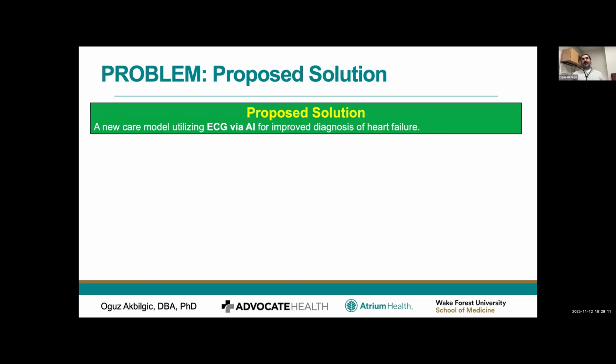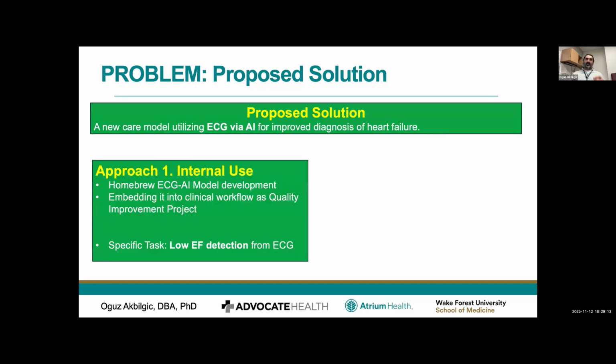If I may start again, the first approach will be internal use. Basically, how do we bring AI into actual patient care? Again, it can be through two approaches. One, internally: for example, at Wake Forest, we develop an AI model, we validate it, and then we embed it in our clinical workflow as a quality improvement project.